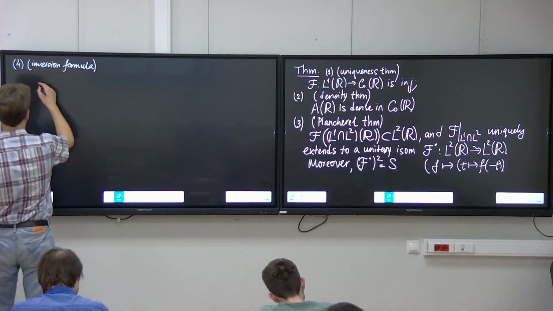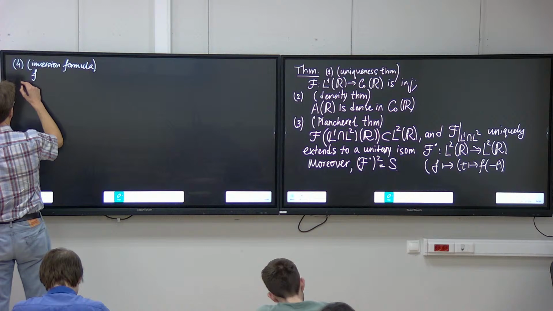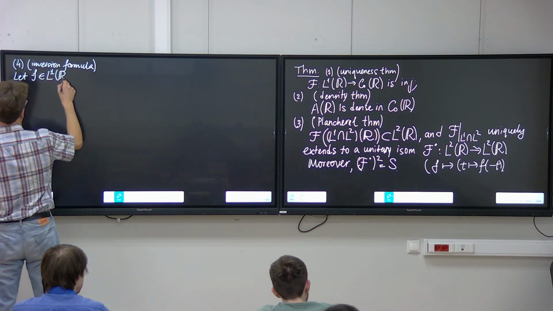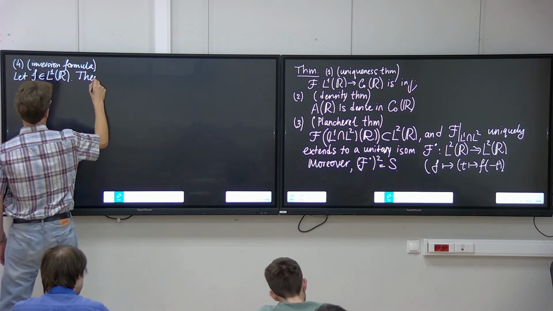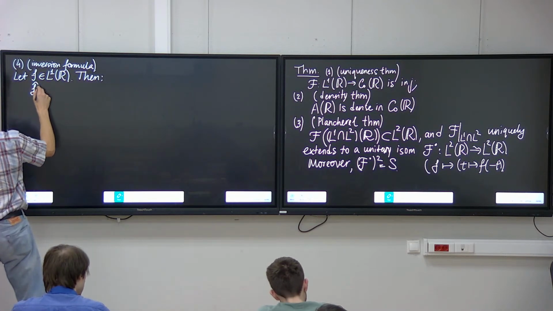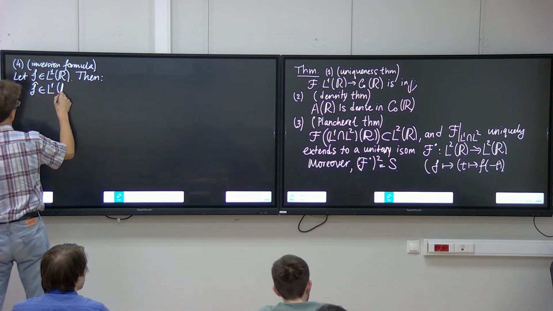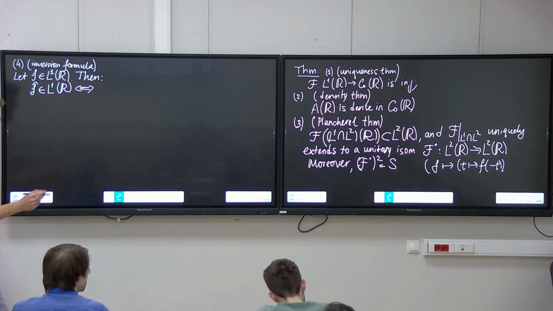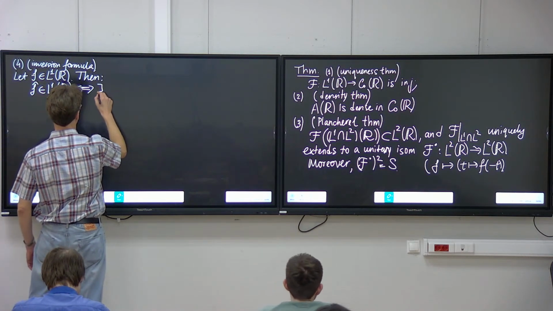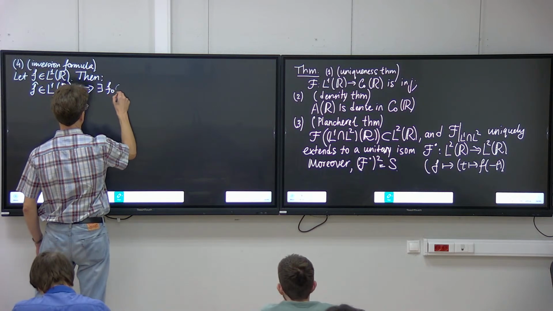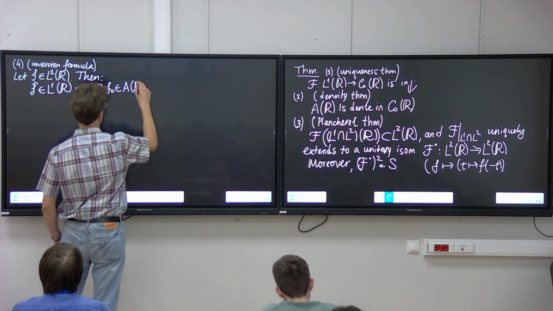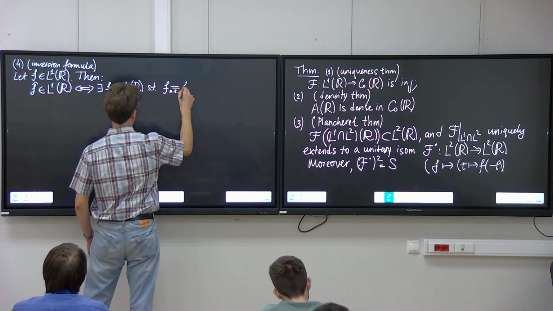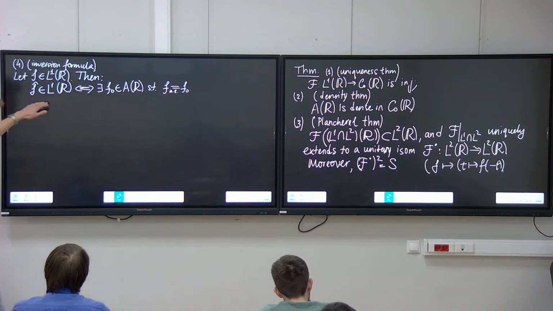And it states that if f is an integrable function, then its Fourier transform is also integrable if and only if f sits in the Fourier algebra, or more exactly, if there exists a function f0 in the Fourier algebra such that f is almost everywhere equal to f0. So these two properties are equivalent.